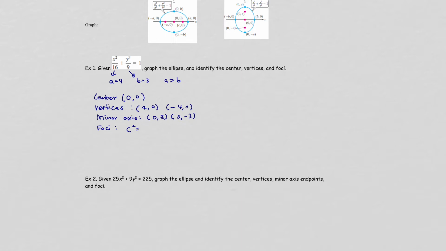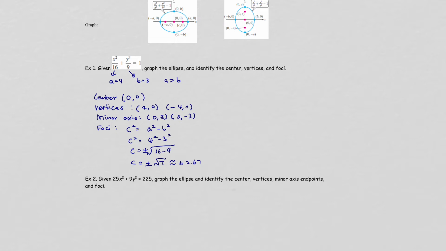Using c equals the square root of a squared minus b squared. So c squared becomes a squared minus b squared. Then that will give you 4 squared minus 3 squared, which is plus or minus the square root of 16 minus 9. So that's plus or minus the square root of 7. When you plug the square root of 7 into the calculator, you will get something close to 2.65.